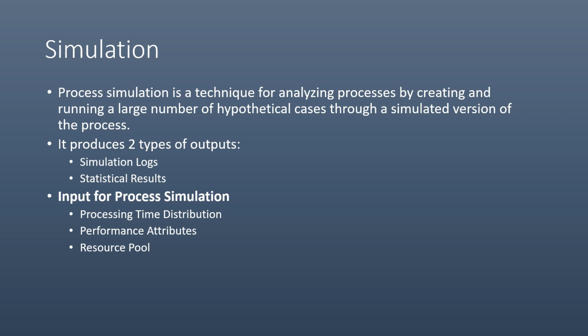Types like fixed, exponential, or normal distributions are chosen based on the task characteristics. Performance attributes are cost and value-added specifics for each task. Resource pool is where the resources that will handle the task are specified, including pool size and cost per unit time, if available.